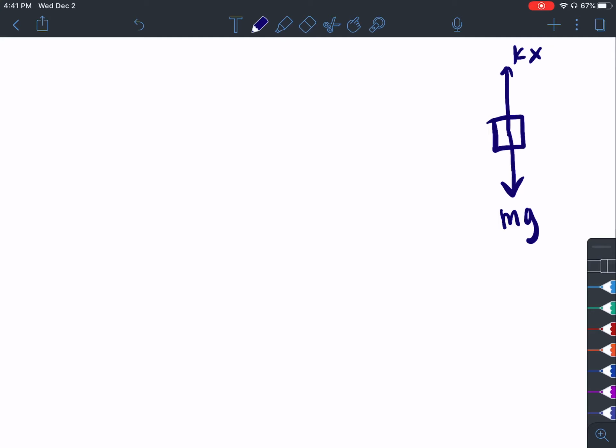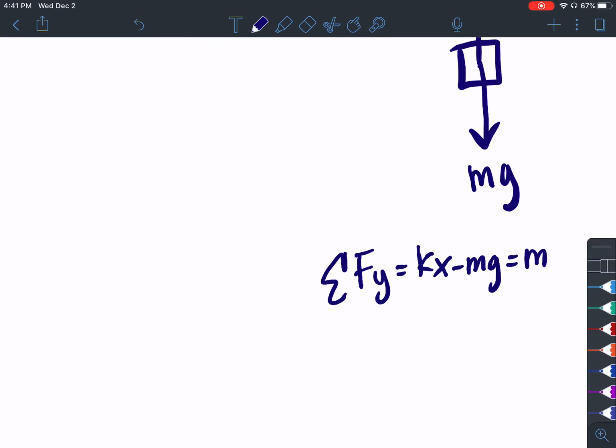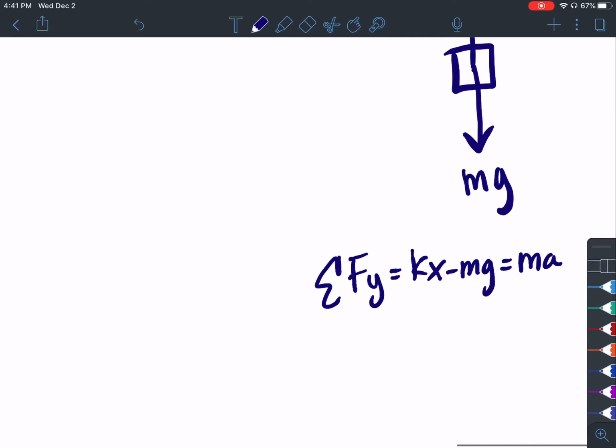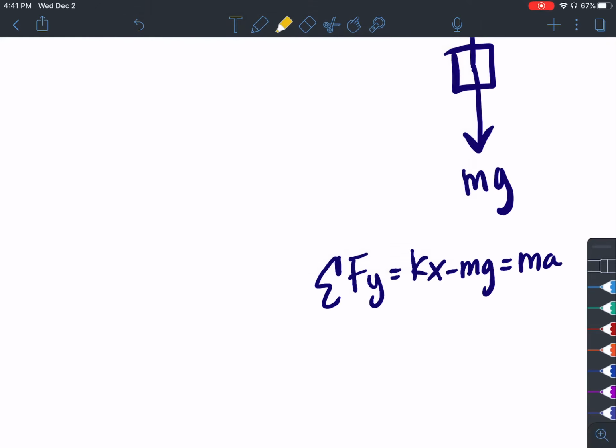If I do a sum of forces equation for this, I'm going to have the sum of forces. That's a terrible sum. Let's try that again. Here I'm trying to solve for acceleration.